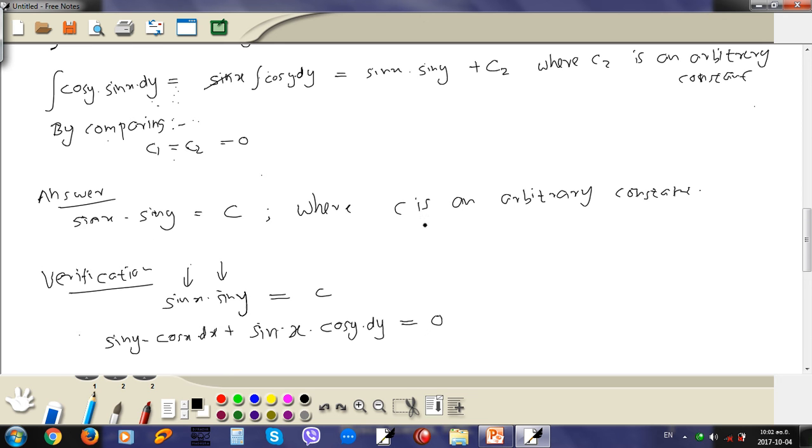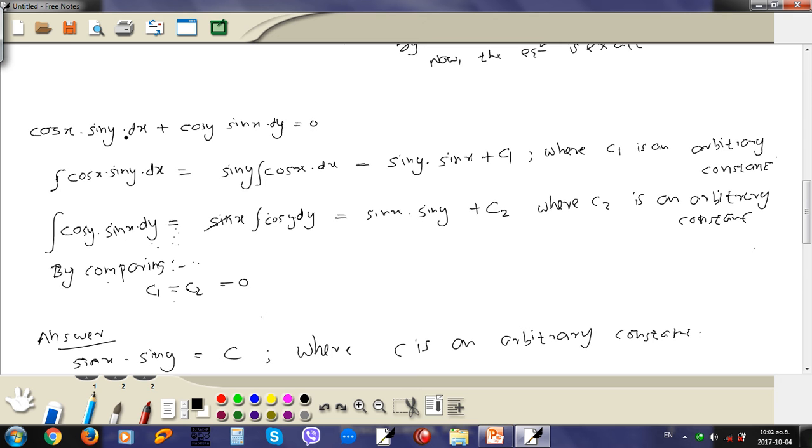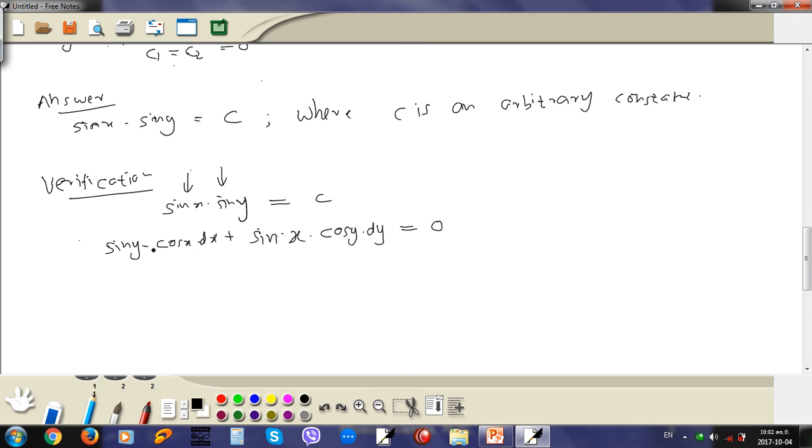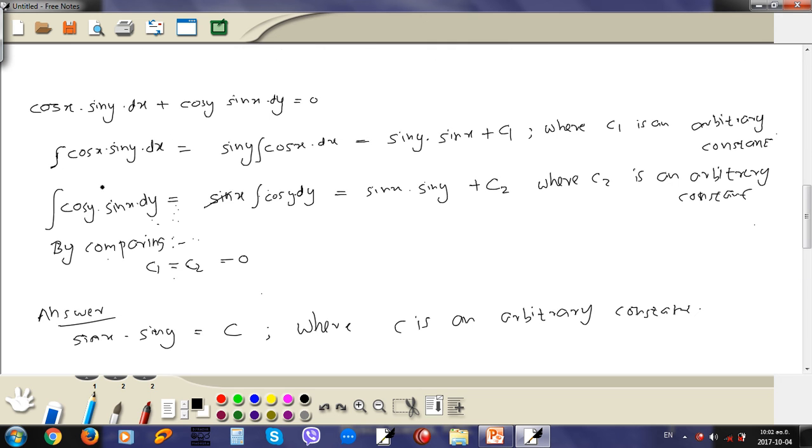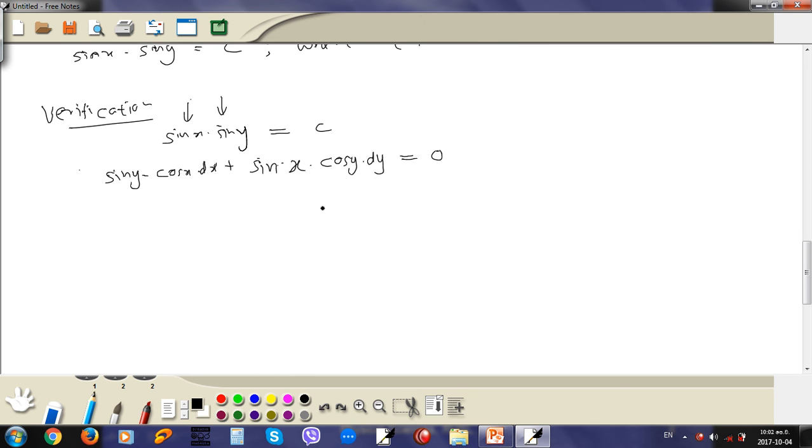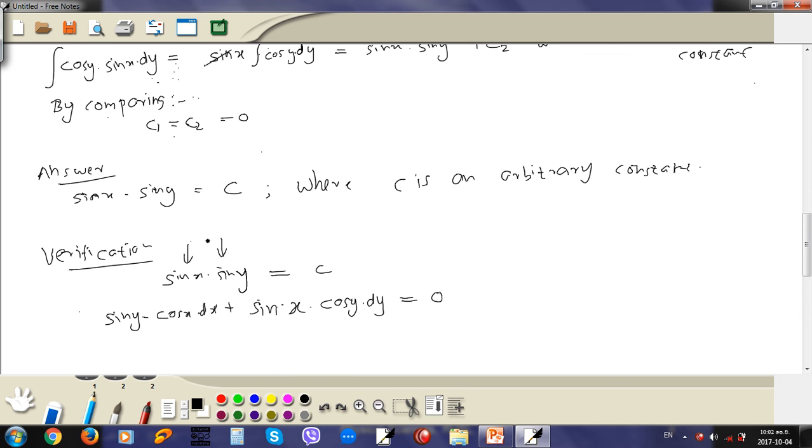It means the same equation, no? This equation: cos x sin y dx and cos y sin x dy. Yes, our answer is correct. The answer is sin x times sin y equals c.